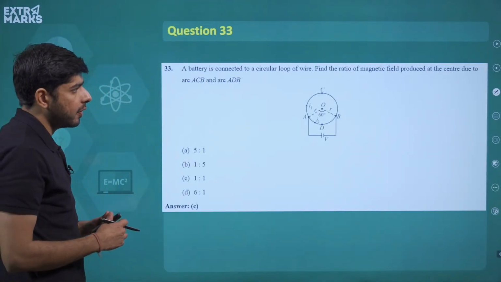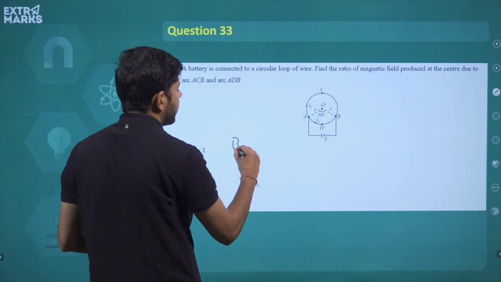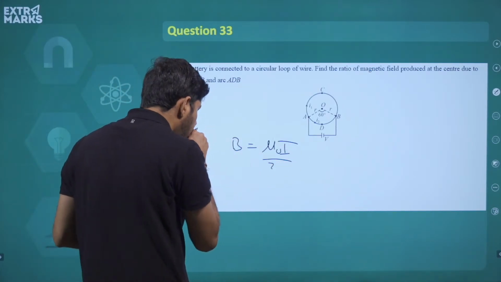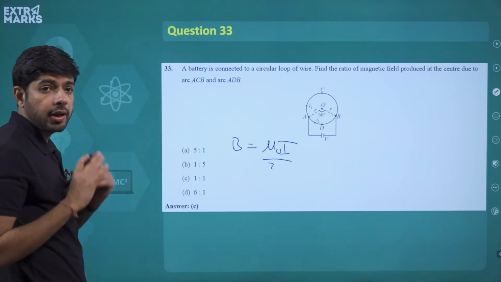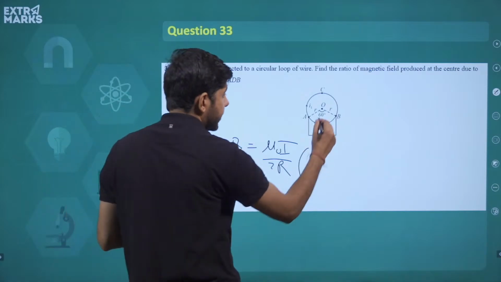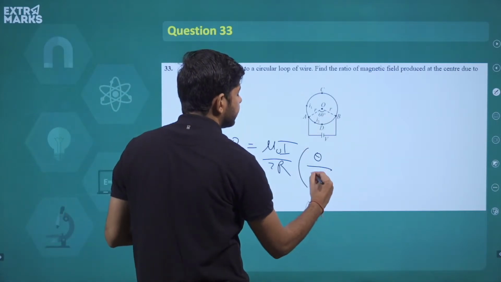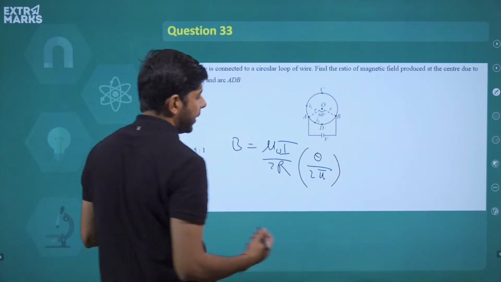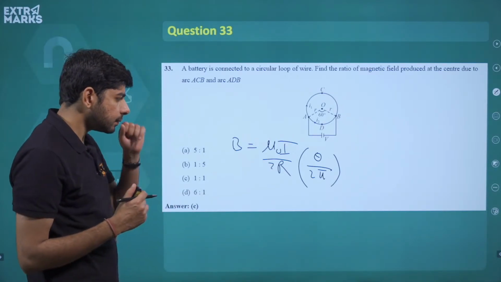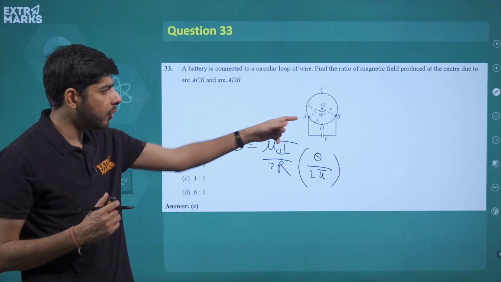This one is a little bit more involved, the ratio of magnetic field. So guys, what is the formula for magnetic field? Mu naught I by 2r, and depending on the angle, that is theta divided by 2 pi, right? That is my magnetic field at the center. As you can see, the radius is the same for both of these.